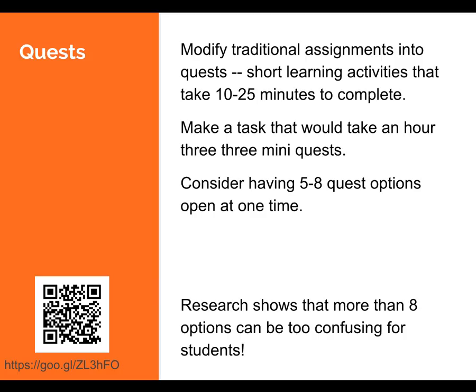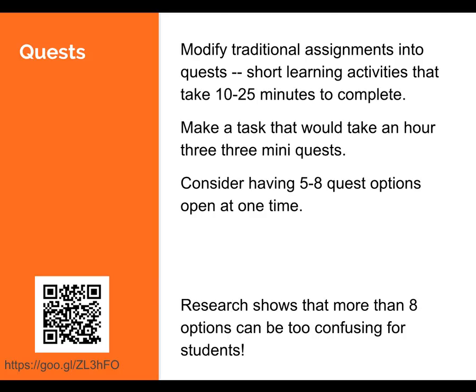And one of, actually, the book that I just finished, one of the failures that teachers said they had was having too many quests open at one time. So at one point they had 25 options and the kids are like, there's just too much to choose from. And that person recommended 8 being the top as far as the number of options to give students if you're going to let them choose what quests they're going to do next.